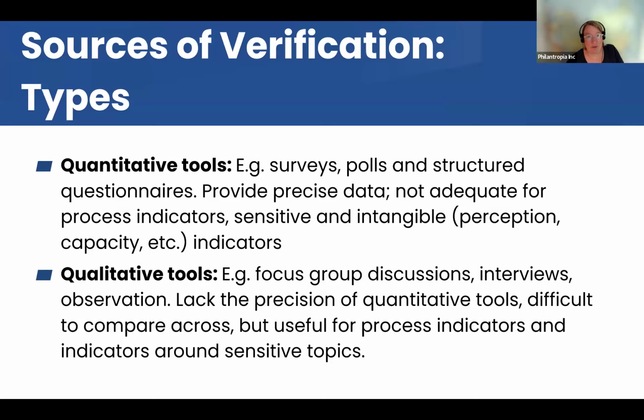And again, you need to invest a little bit to be able to really report on those in a way that you can compare. So before you choose sources of verification for your indicators, think, are you able to conduct the study or the data collection you need not only once, but maybe twice or maybe even 3 times if you need to report at a milestone. So just know what comes after.